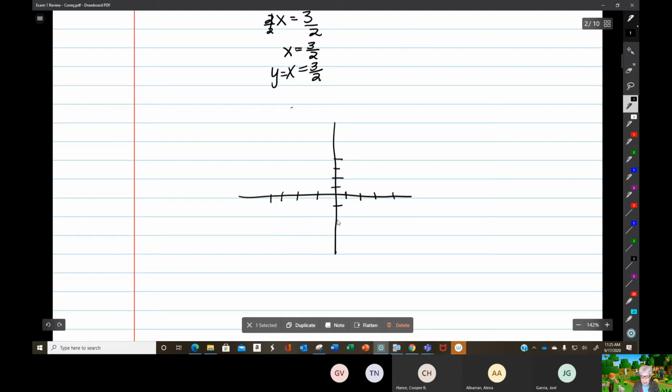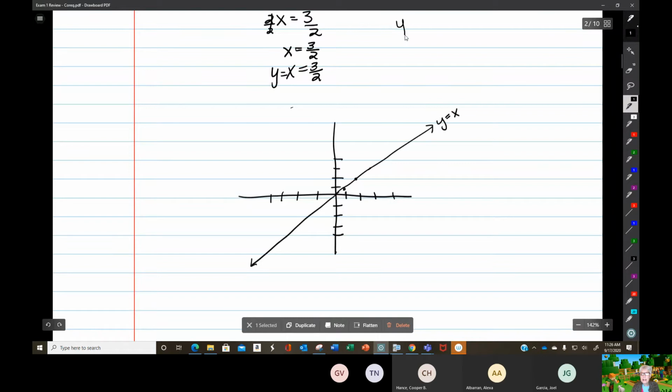I don't really know how far I have to go to graph these, but I figure 4 is okay. Not going to be exact at all. The line y equals x, I already know. Whatever x is, y is. Whatever y is, x is. So what you're going to have is a line going at a 45-degree angle forever and ever. This is y equals x.